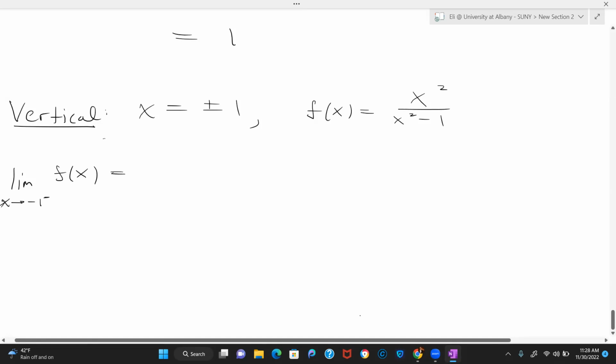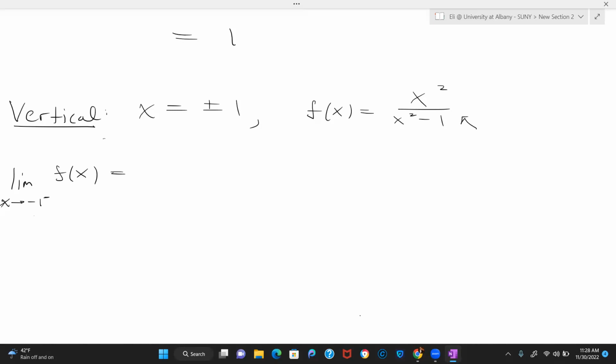As I said, when x goes to -1, whether from the left or the right, it's going to either go to plus or minus infinity, but we want to know which infinity it's going to go to. So if you take a number that's to the left of -1, like -2, and you plug it in here, well, first of all, the numerator is always positive.